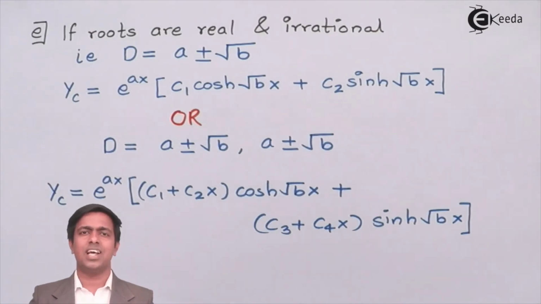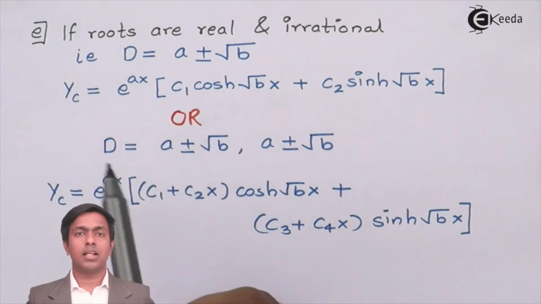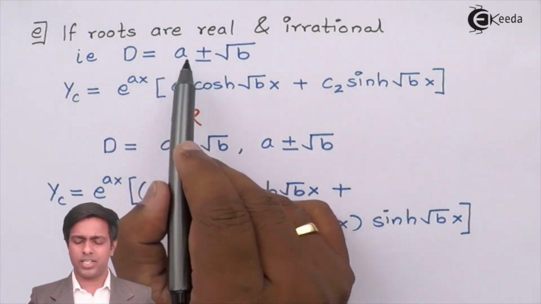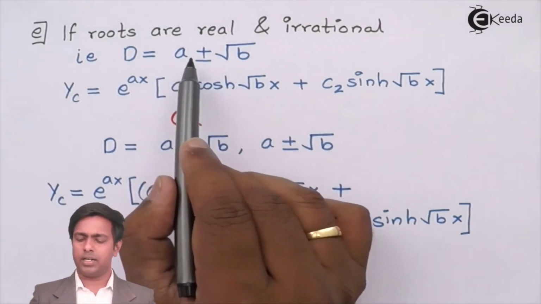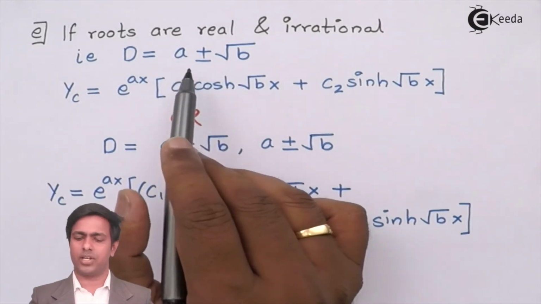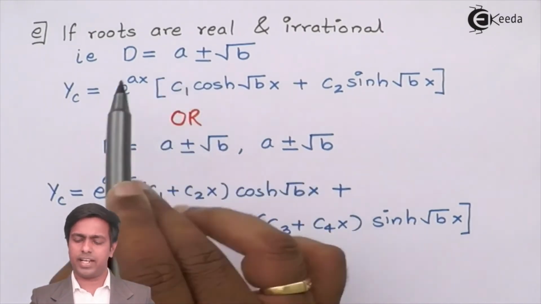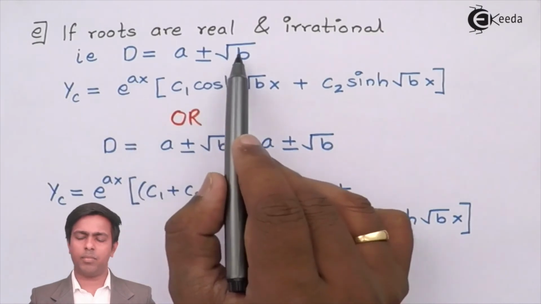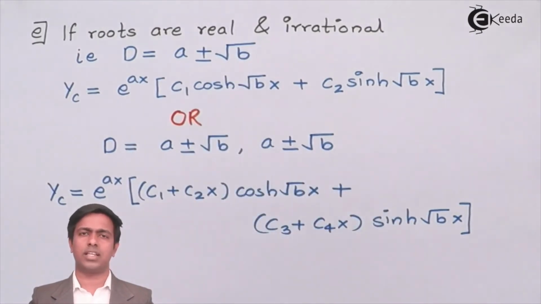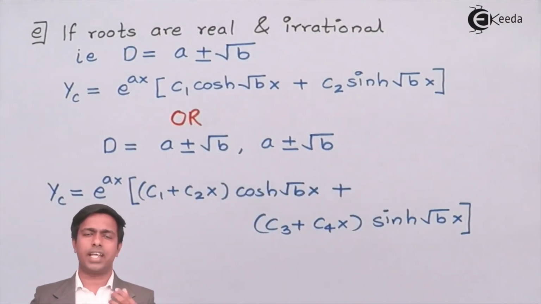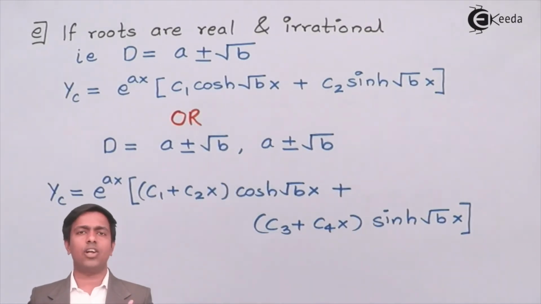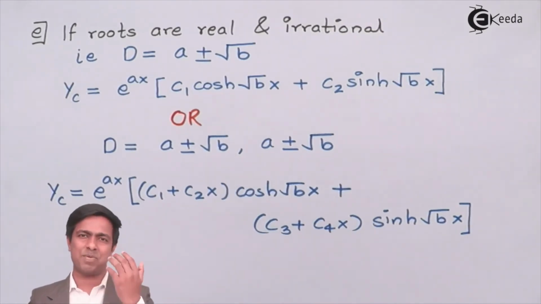So in this case, what is the solution? So this solution matches with the solution of complex number. So here both are real numbers, but the number which is outside the root is a, so that we will take as a power of e, and the number which is inside the root, or that irrational part, we will take it as the angle of hyperbolic cos and hyperbolic sine.